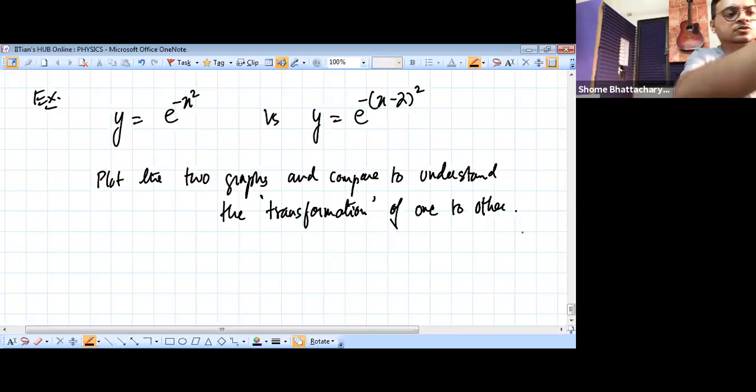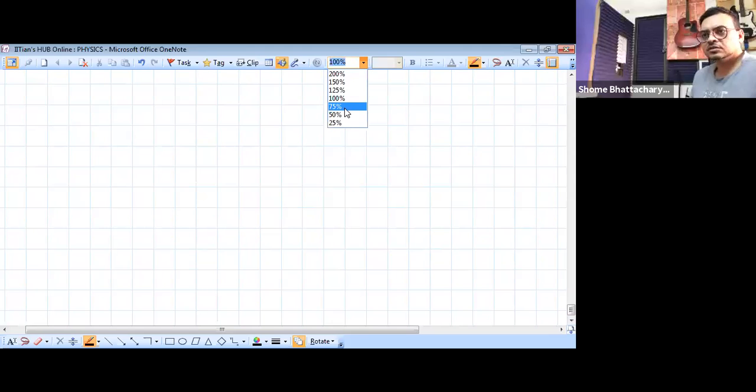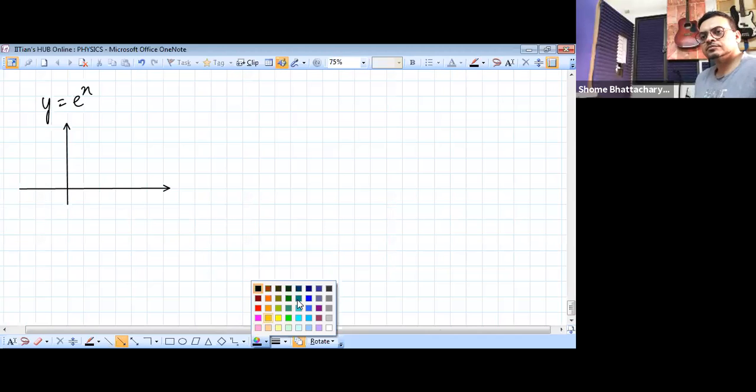So hopefully you had understood that the e raised to the power minus x square graph is actually an exponential pulse. If you just use the method of graphical analysis, you'll be able to construct this. It's very easy to construct from basics actually. So if you look at the graph of y is equal to e raised to the power x, you know that that graph looks something like this.